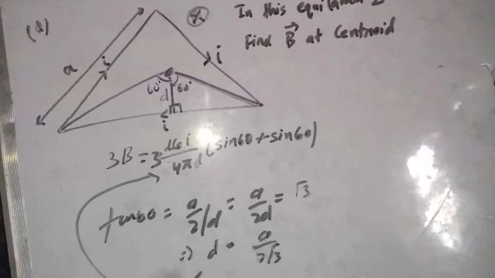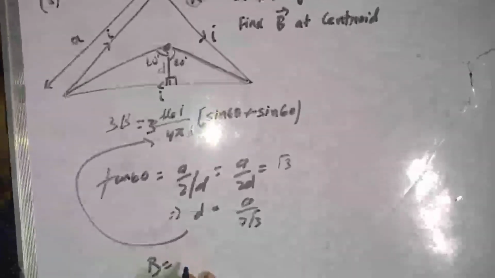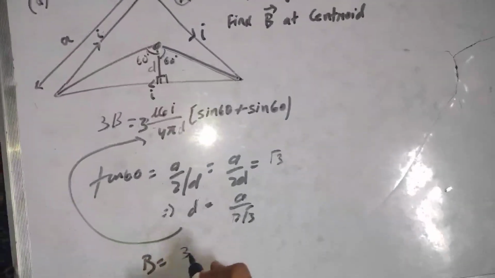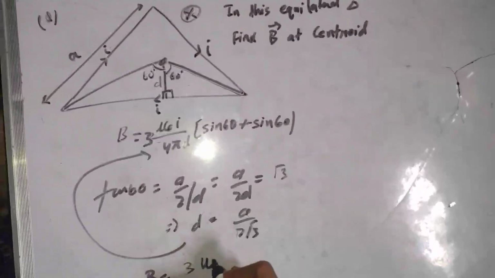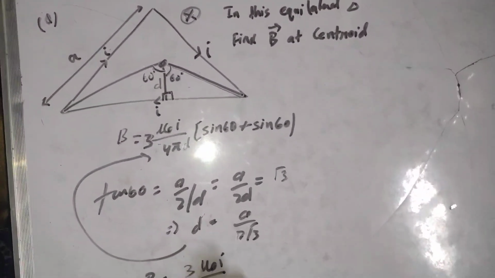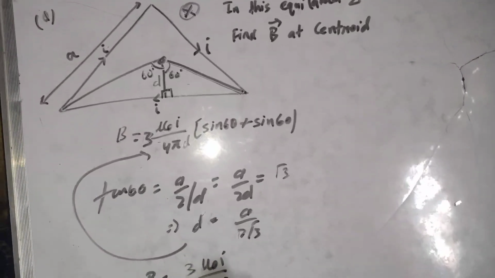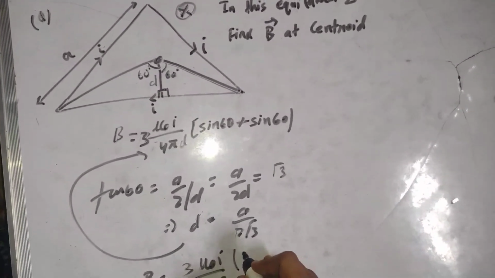So magnetic field is 3 mu naught I upon 4 pi, A by 2 root 3, into sine 60 plus sine 60.